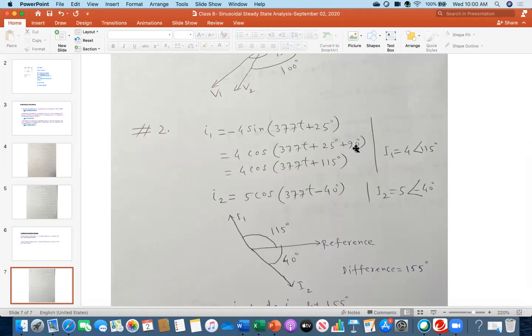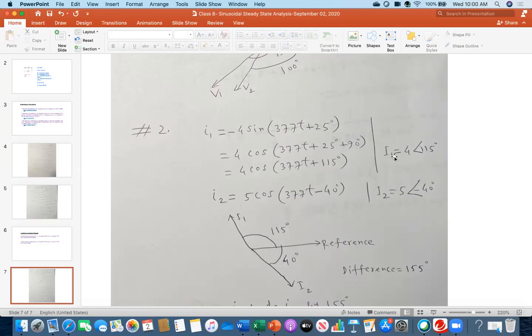370 plus 25 plus 90. Because it is plus 90, from cosine I will get sine, and because this is in the second quadrant, where cosine is negative, that's why I am putting the minus sign, just the trigonometry. And then 4 cosine of this one, you add this one, 90 plus 25 gives 115 degree.